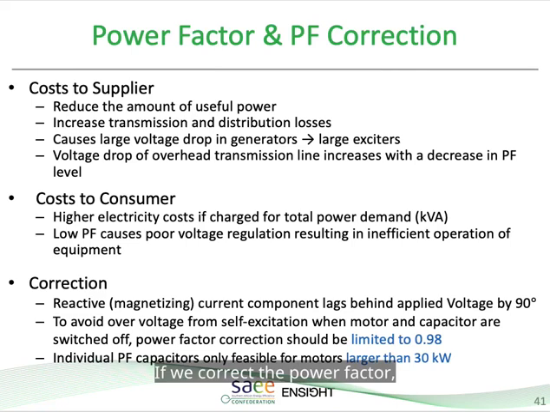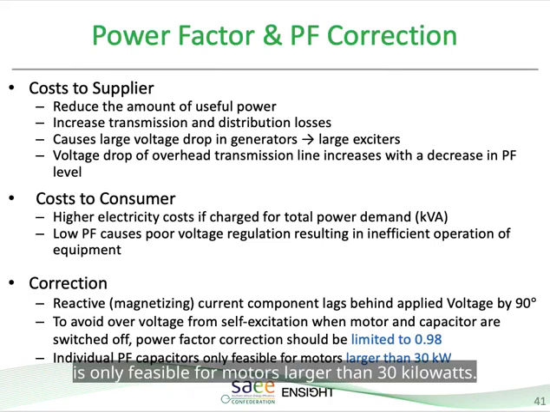If we correct the power factor, its reactive current component lags behind the applied voltage by 90 degrees. To avoid over voltage from self-excitation, when a motor and capacitor are switched off, power factor correction should be limited to 0.98. Individual power factor capacitors are only feasible for motors larger than 30 kilowatts.